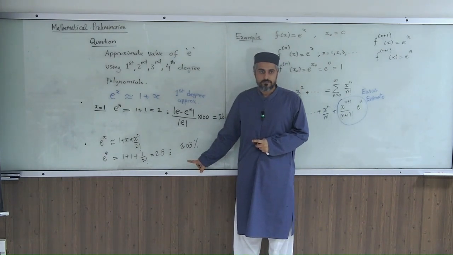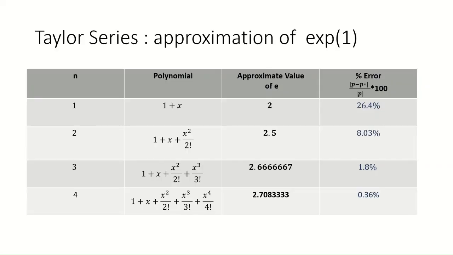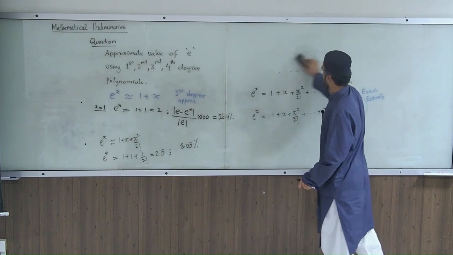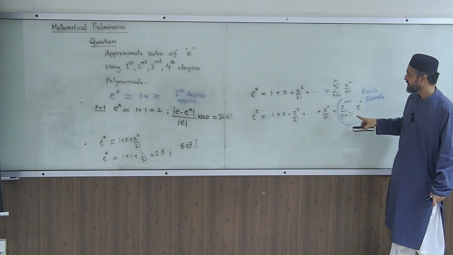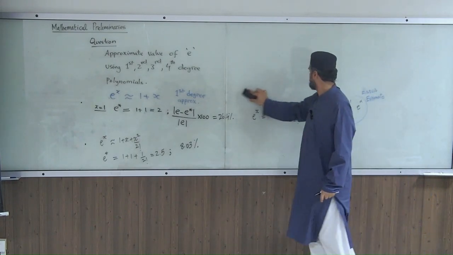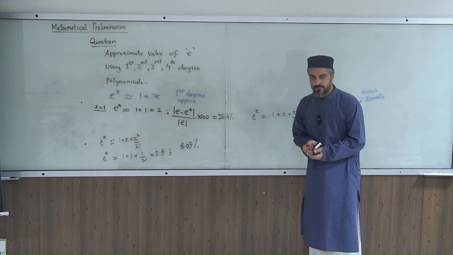Now, if you can see on the slide, if we take the approximation up to third degree, how much percentage error will we have? It is approximately 2%. Let me write it for you.